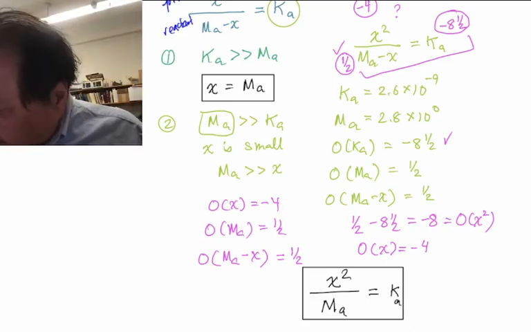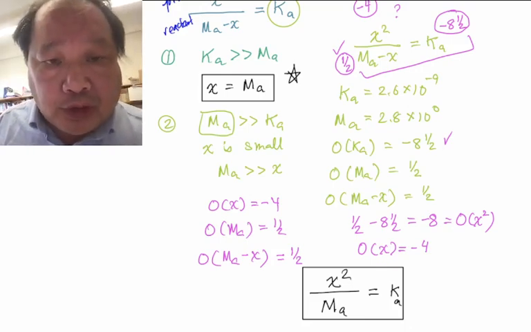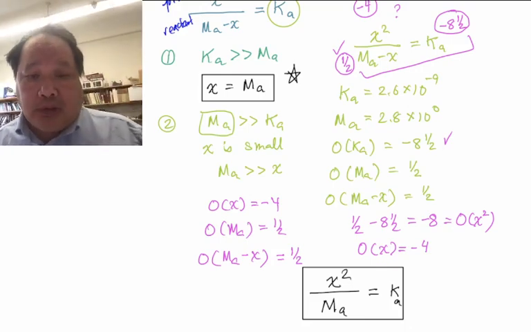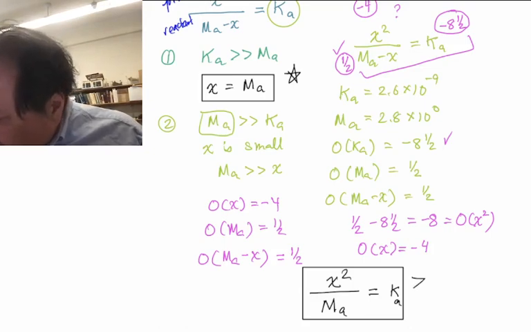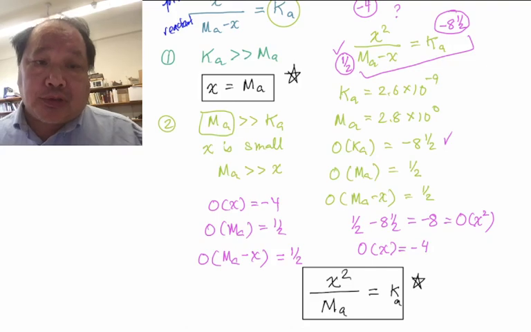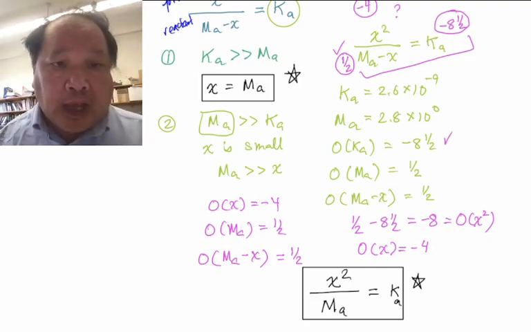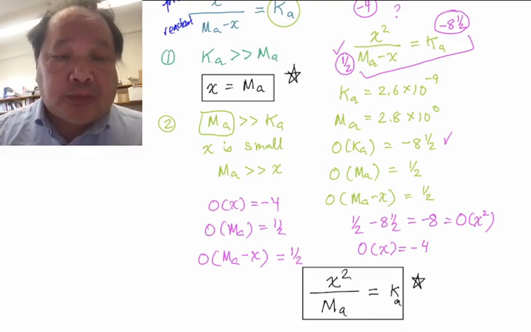The equation X equals Ma is true when Ka is much, much larger than Ma. The equation X squared divided by Ma equals Ka is true when Ma is much, much larger than Ka. And those are the two asymptotes, the two extreme regions.